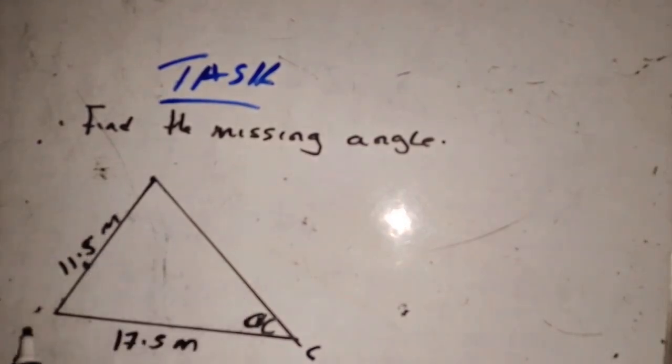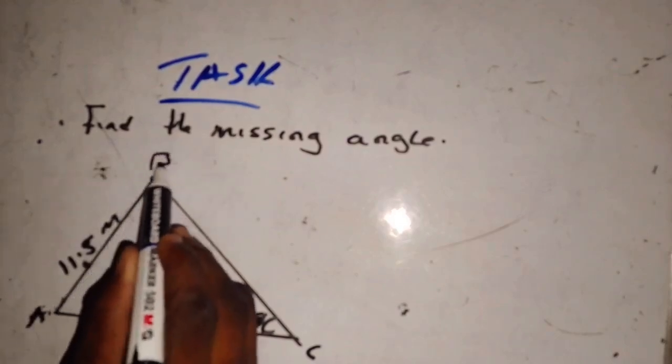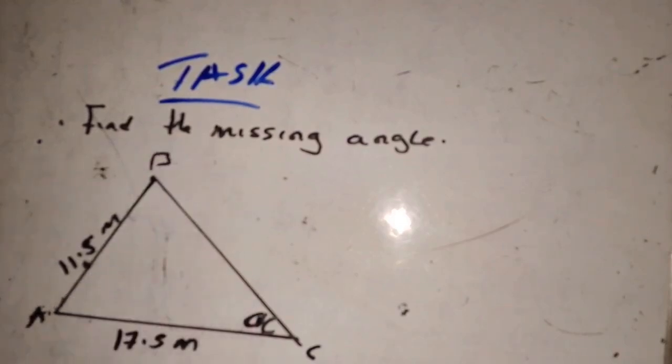This is 11.5, this is 17.5 meters, and here it's A, here it's B. So this is our exercise. You need to find the missing side, which is BC.